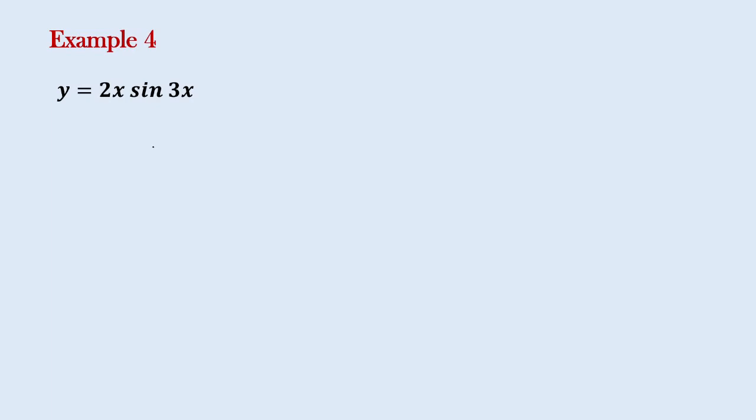Let's say we have 2x times sine 3x. In this case, we would be using the product rule. So let us have the formula for the product rule, that would be f g prime plus g f prime. Let f be equal to 2x and g be equal to sine 3x. So the derivative of f is 2.